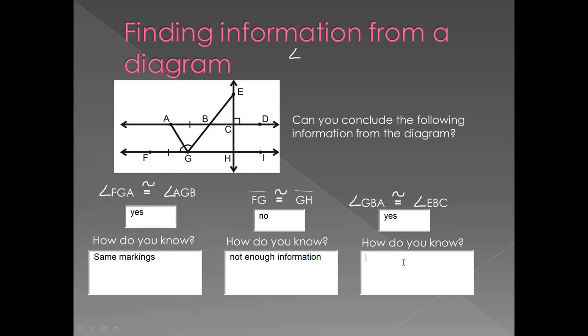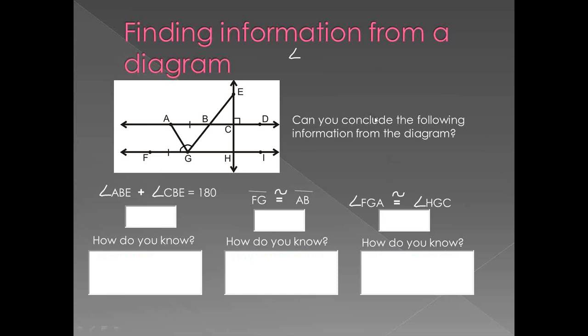If it's vertical, it is automatically congruent. So it is the vertical angles theorem. When you see the word theorem, that means always true, pretty much. It means it's been proven. So that's how you know vertical angles is a theorem. That means that vertical angles are always congruent.